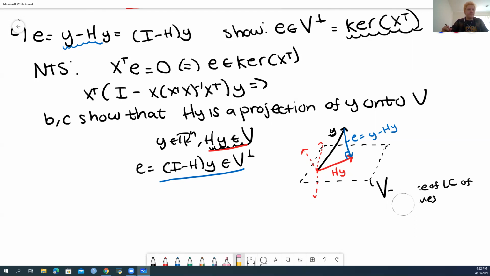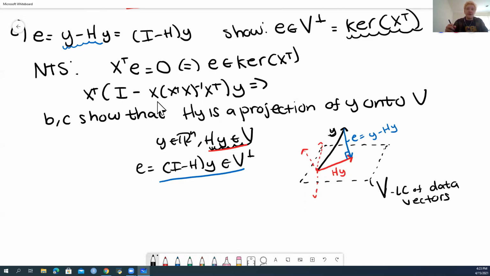No, that's not right. It's V, the image of X. Oh yeah, okay, sorry. So V is the space of linear combinations of data vectors. Sorry about that.